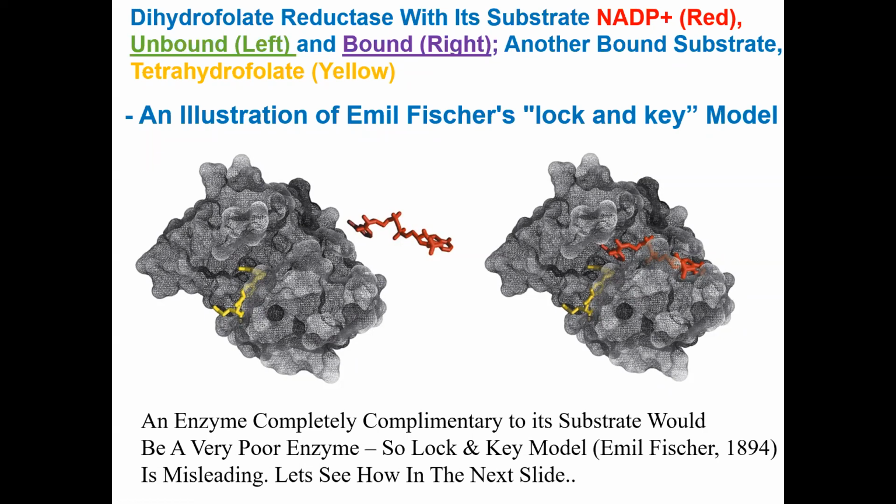Okay, so the assumption of Emil Fischer was that enzymes have an already pre-organized active site, and the substrates go into that already fully complementary active site, and then the reaction happens.